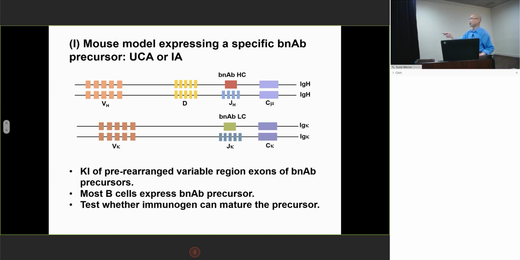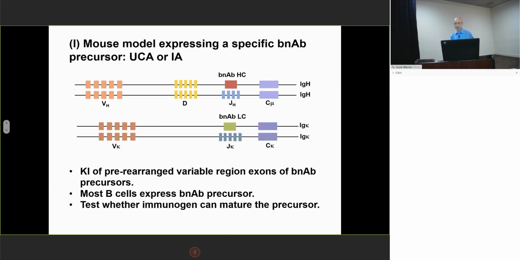So you knock in the variable regions that encode these UCAs or IAs into the mouse JH or J kappa region. Because of allelic exclusion, you express a pre-rearranged variable region of this antibody, and it will inhibit the rearrangement and expression of the endogenous mouse antibodies.